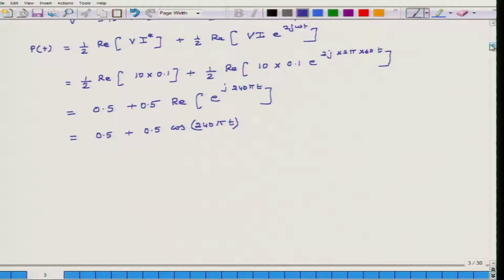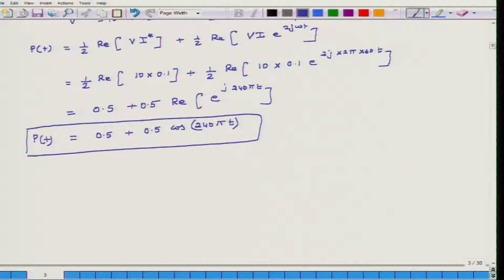So, that is my power. This is the dissipated portion and this is the cyclic portion of the power.